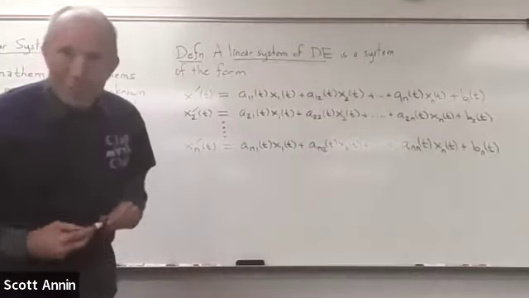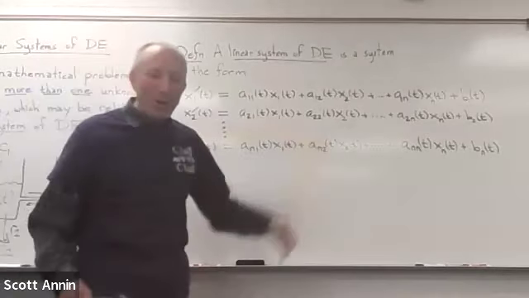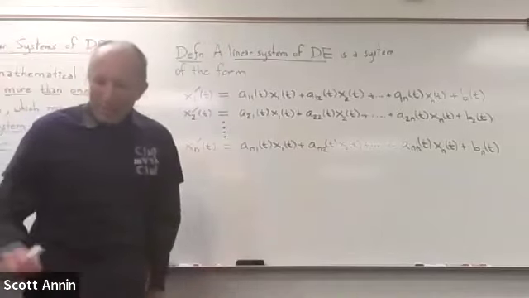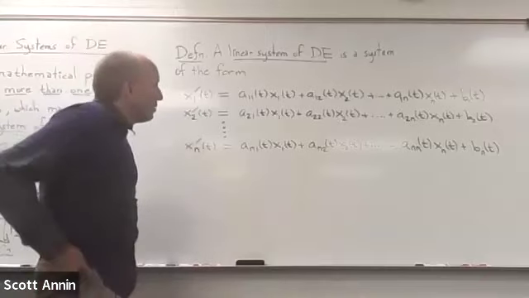Okay, if you need to pause the video for a second to write all of that down with all of the subscripts and the notation, that is totally understandable, totally reasonable to do that.